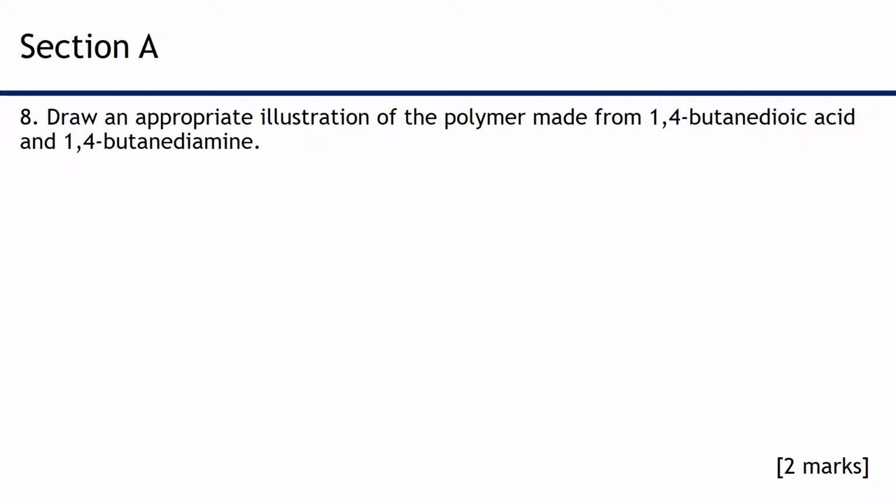They also have a di in both of them, which means that they're going to have 2 of each of their respective groups, and in both cases they're at the 1 and 4 positions of the molecule. Both of them have butane in, so that means it's going to be 4 carbons long, and so these groups are going to be the end of these carbon chains.